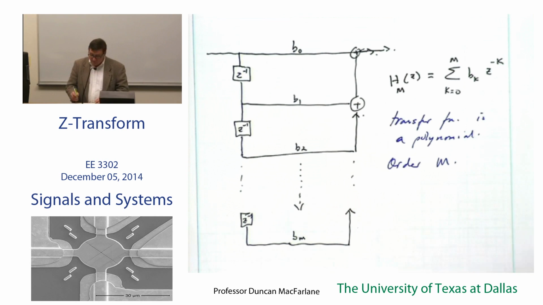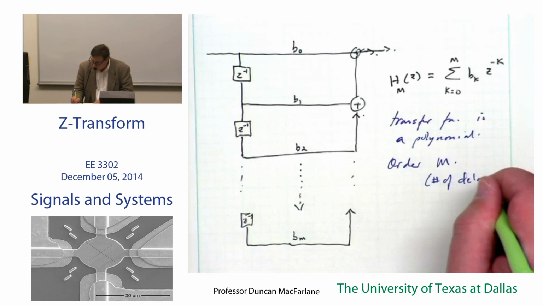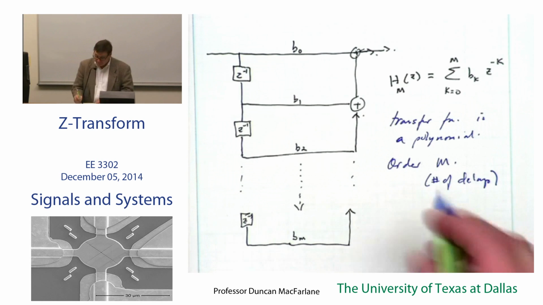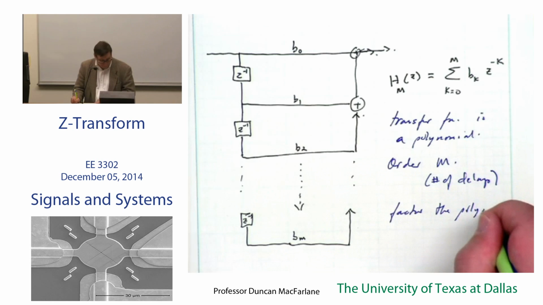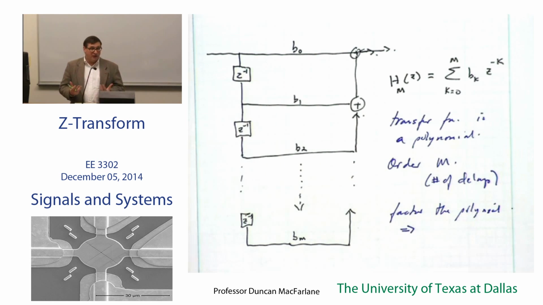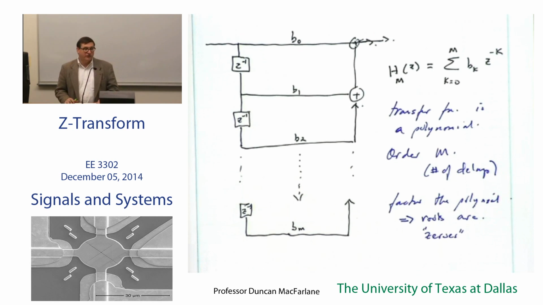It's order m. M is the number of delays. If I factor the polynomial, I get the roots of the polynomial, and the roots are called zeros because at those points, at those z's, the transfer function goes to 0.